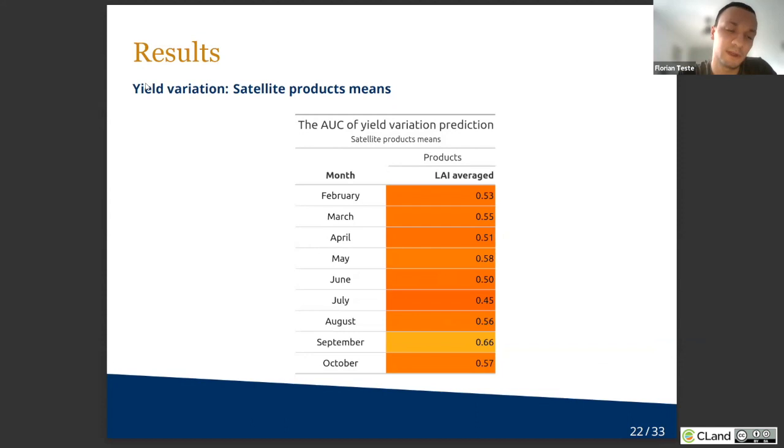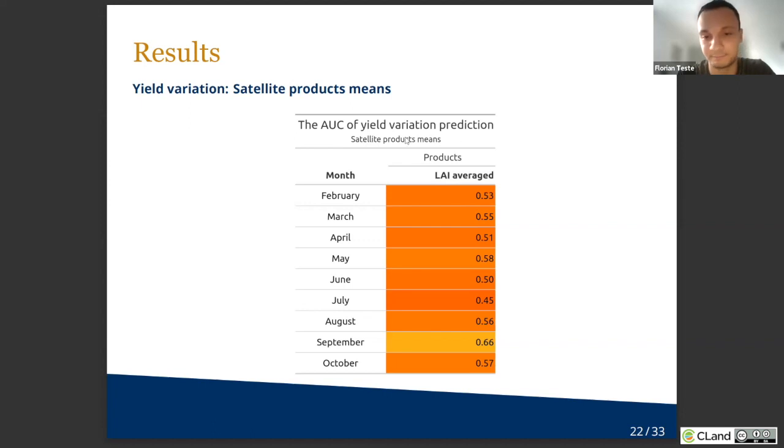So if you want to predict the yield variation using the leaf area index mean, the table is a little bit different. This time, the months do not represent the price that you want to predict, but they are the months of the leaf area index mean. So, for example, if you look at February, you see that the score is 0.53.